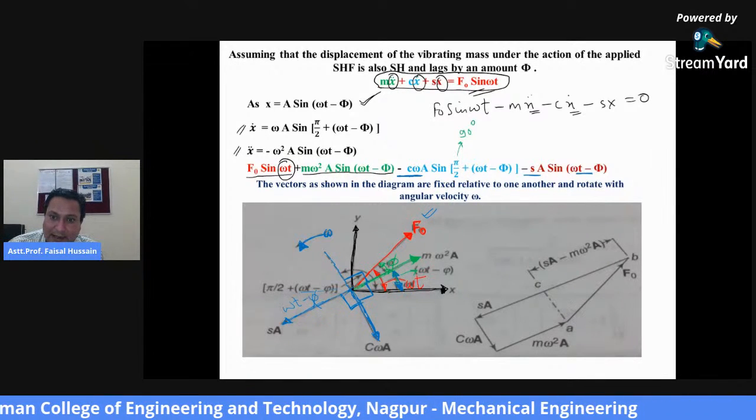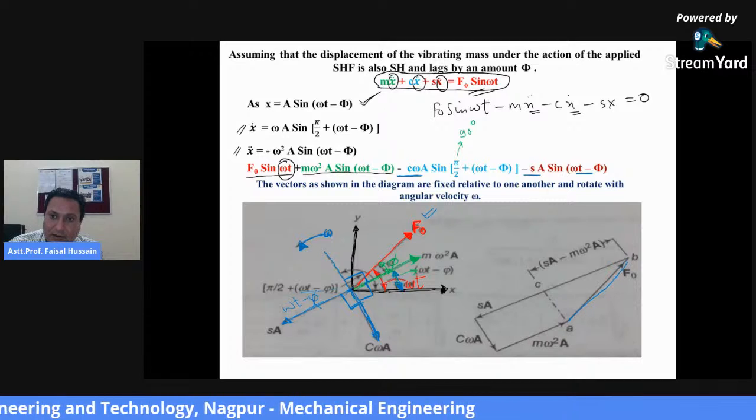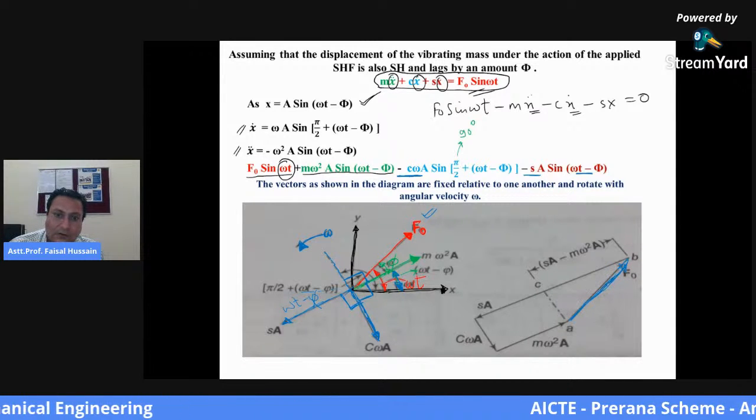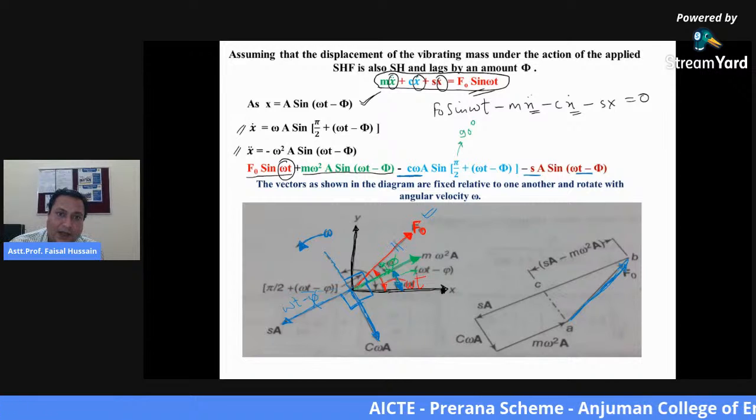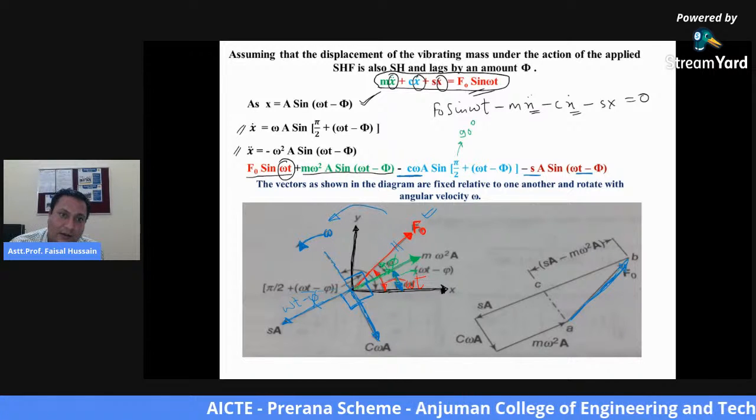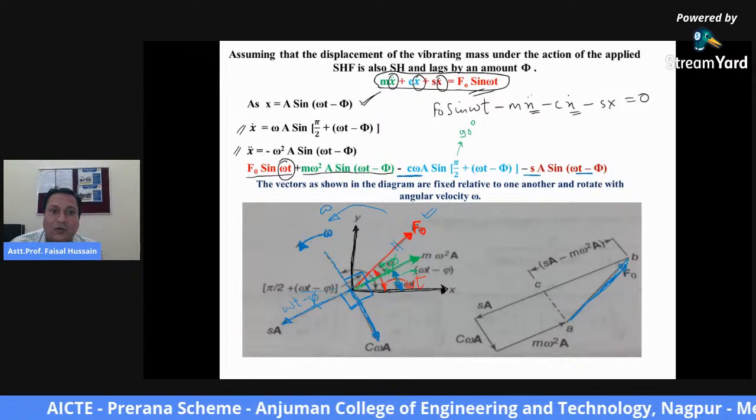Now see the vector diagram, this direction is FO, parallel to this. After FO, I am referring in the anti-clockwise direction.